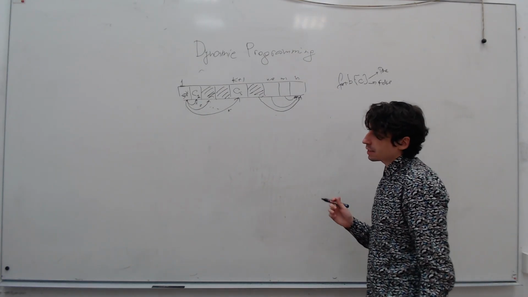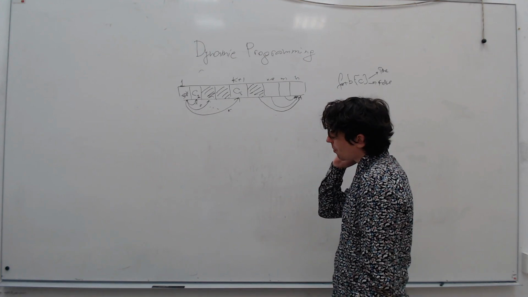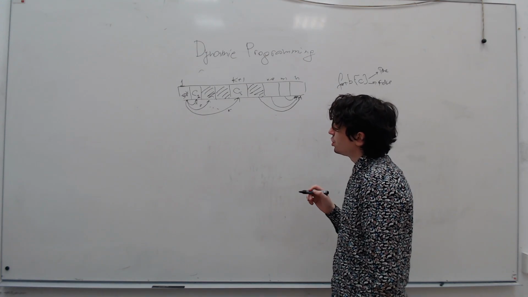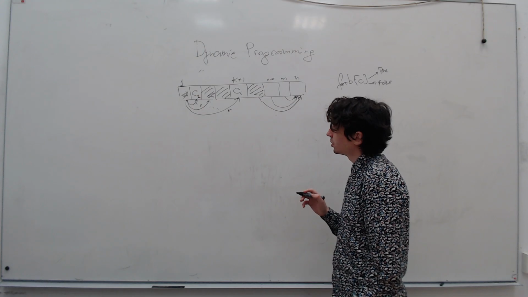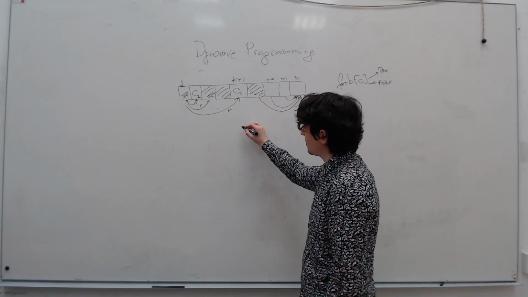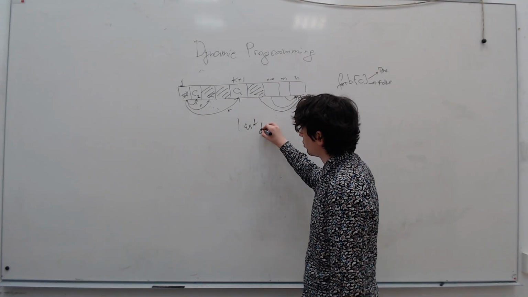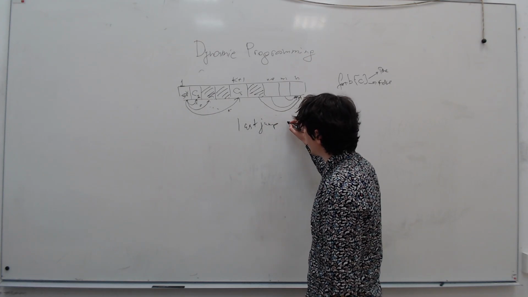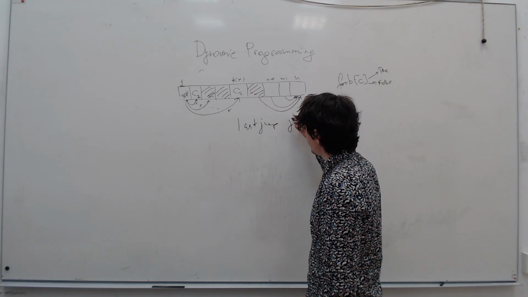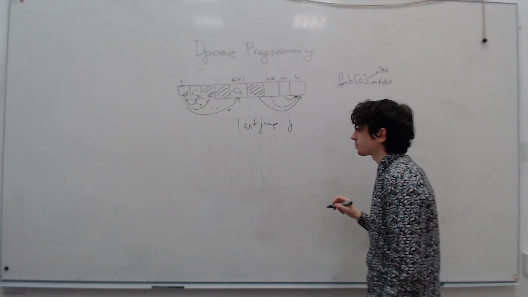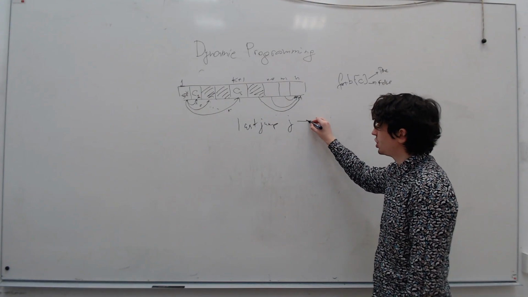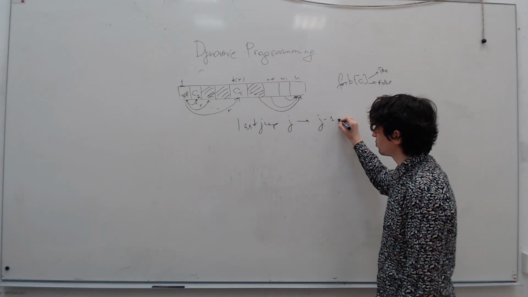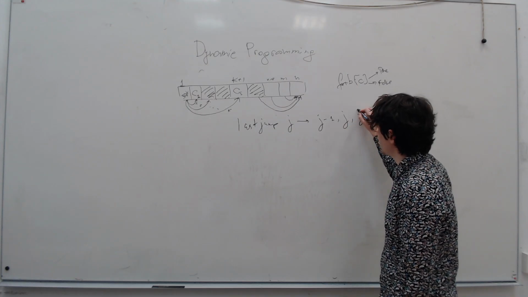And you know that the grasshopper jumps. If the last jump of the grasshopper was j, then the next jump can be either j minus 1 or j plus 1.